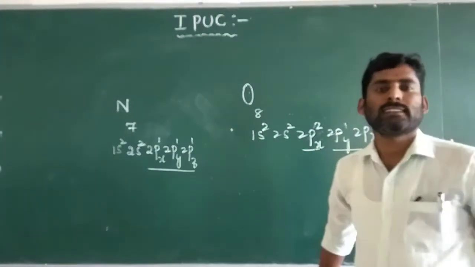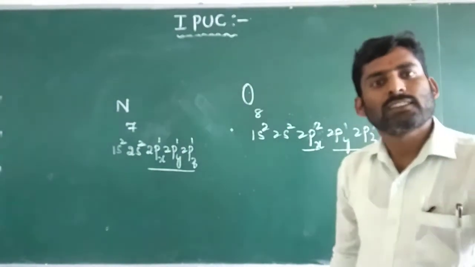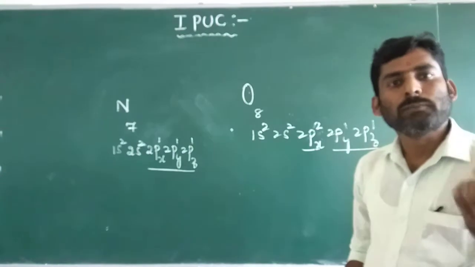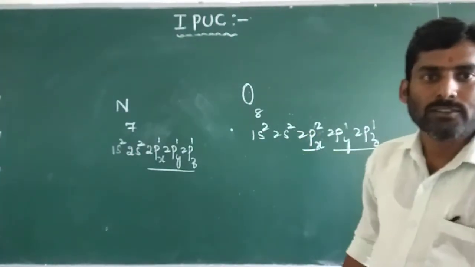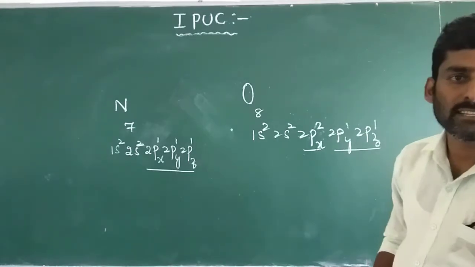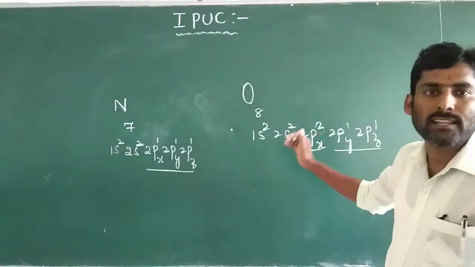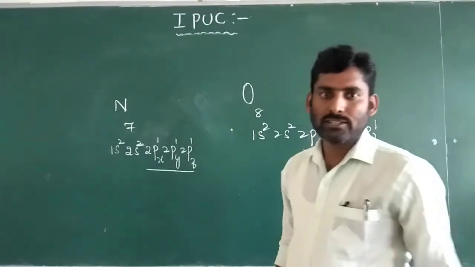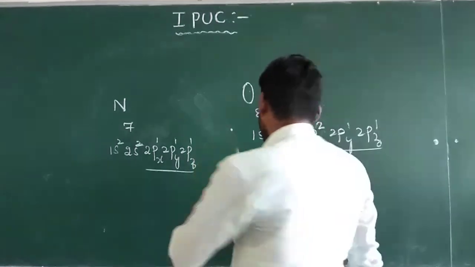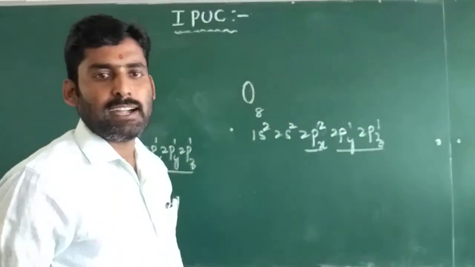Greater the electron repulsion, the size of the atom increases, so it is easier to remove the electron from the oxygen atom. So the first ionization energy required to remove the electron from oxygen is less than the first ionization energy required to remove the electron from nitrogen.